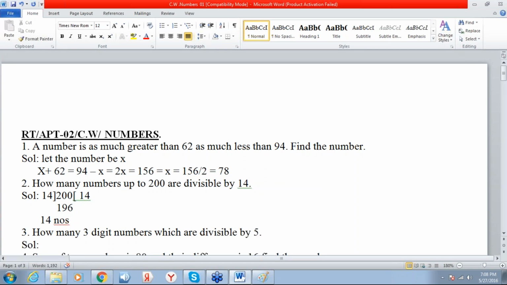No. Numbers which end with 0 and 5 are divisible by 5. Is 0 greater or 5 greater? 5 is greater.